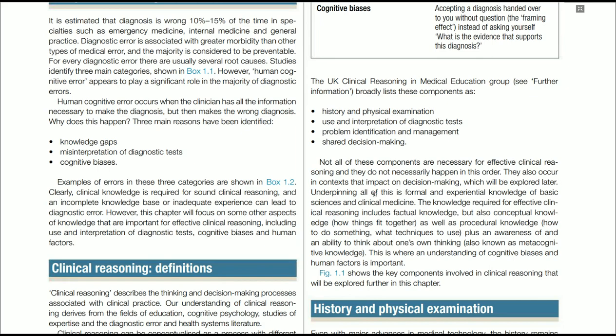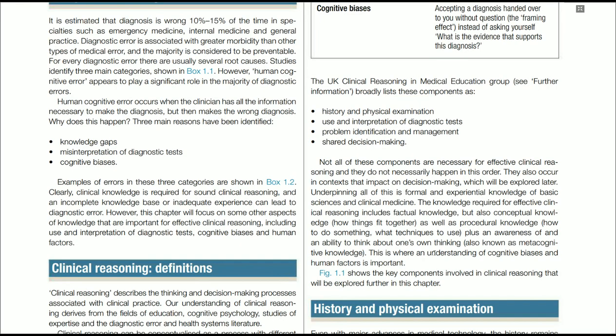Underpinning all of this is formal and experiential knowledge of basic sciences and clinical medicine. The knowledge required for effective clinical reasoning includes factual knowledge but also conceptual knowledge, how things fit together, as well as procedural knowledge, how to do something, what techniques to use, plus an awareness of and an ability to think about one's own thinking, also known as metacognitive knowledge.